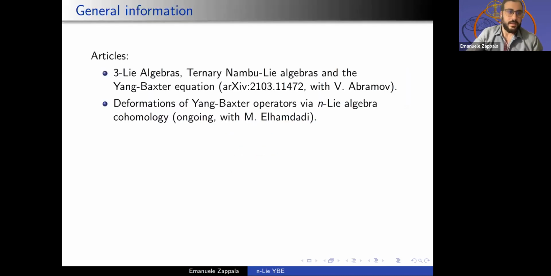So this presentation is based on two articles, one of which has already appeared on arXiv and is submitted, while another one is still ongoing, but it should appear hopefully in the next month, by the end of summer or at the beginning of the fall semester.